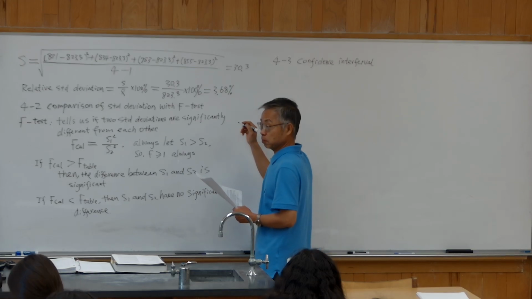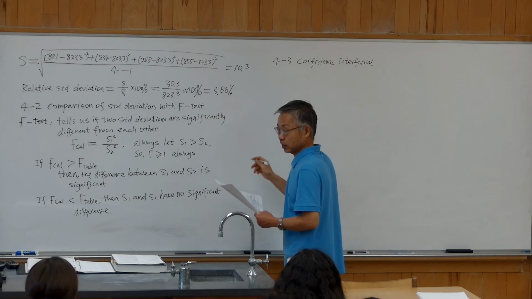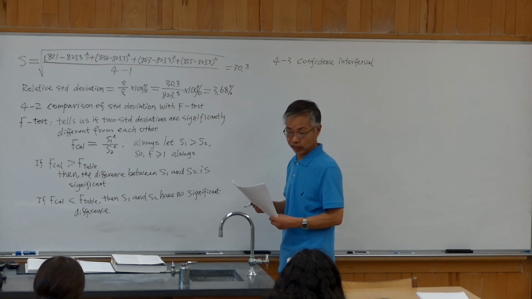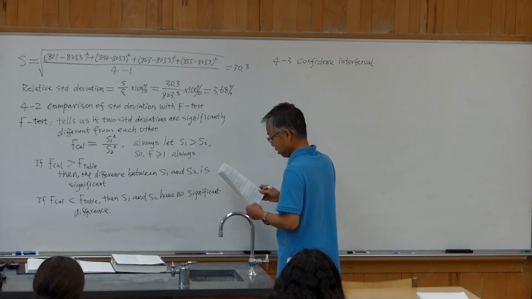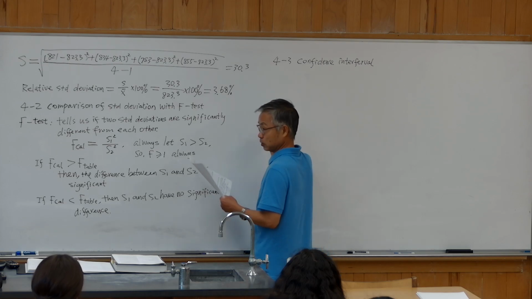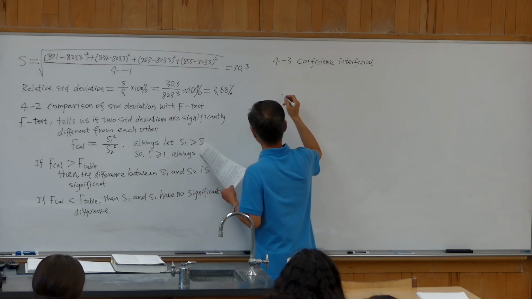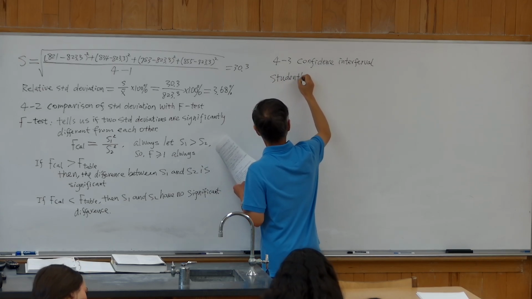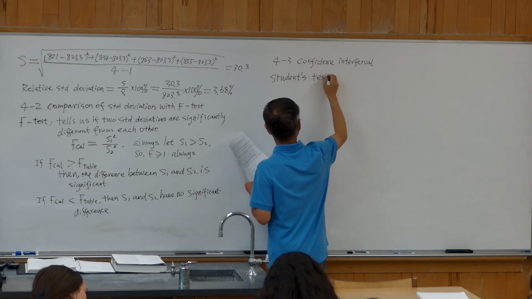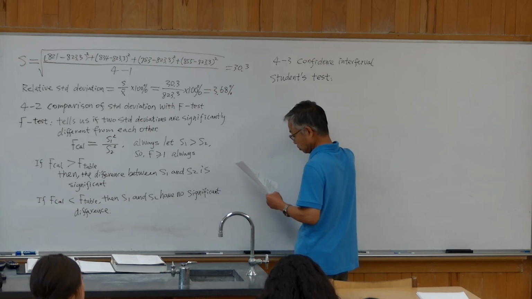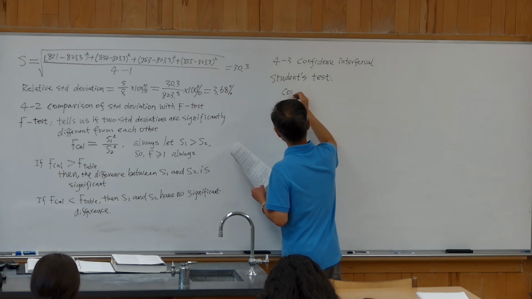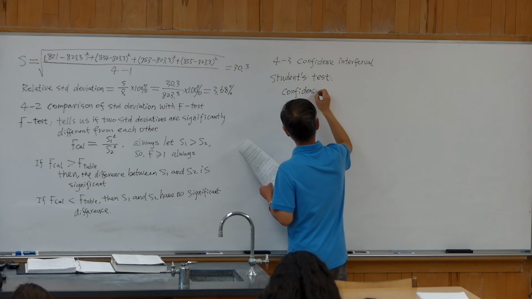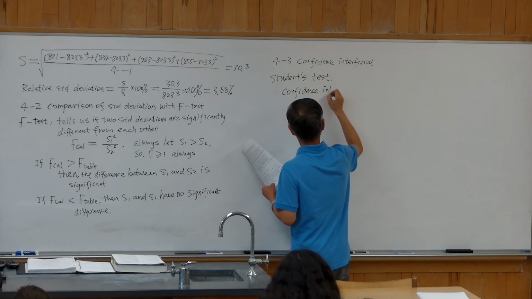When he published his paper, he used the name Student, didn't use his actual name. His actual name is Gossett. So we still call this Student's t test. So the critical idea is confidence level or confidence interval.